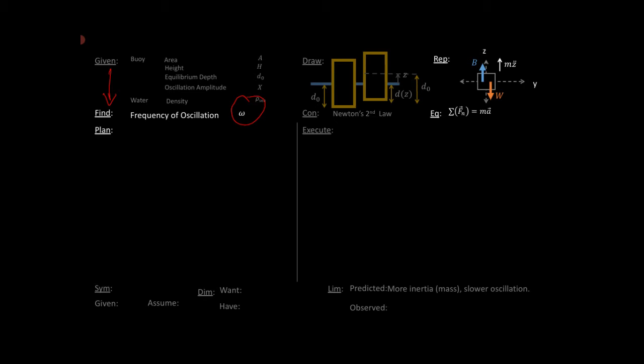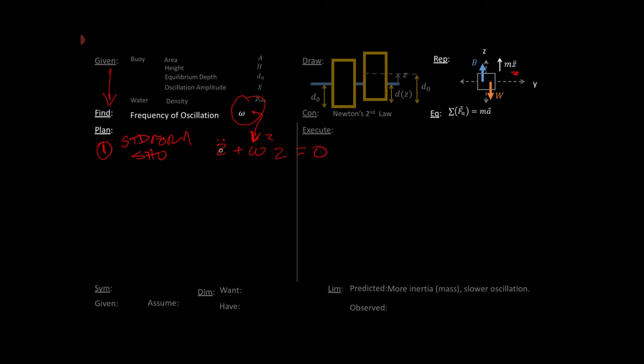And since this is going to be a simple harmonic motion problem, if we're finding the frequency, we always start the plan with the standard form of the simple harmonic oscillator. All right, and we said that we're using z as our variable, so we have z double dot plus omega squared, which is this guy, so that's what we're targeting. It gets an arrow at it.